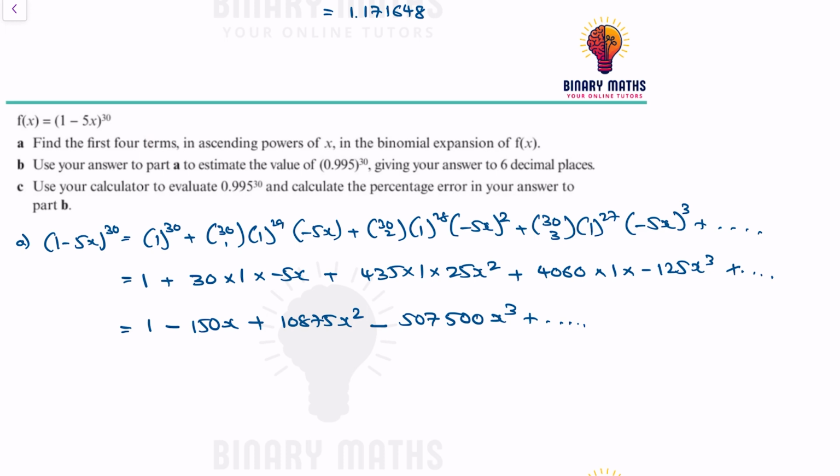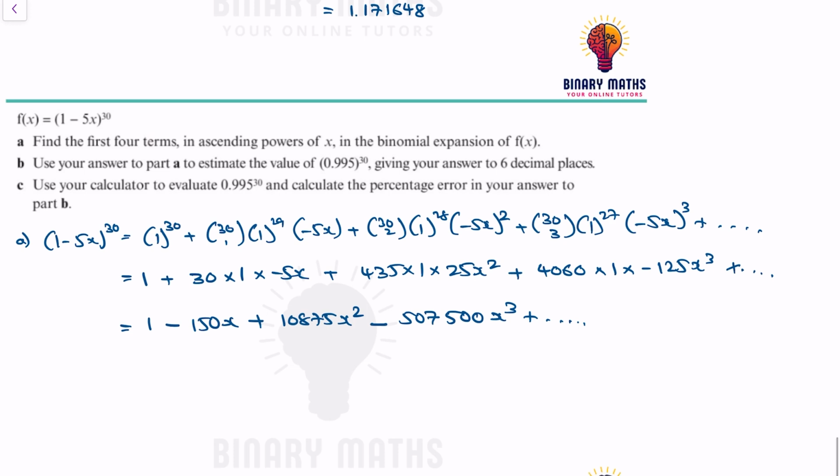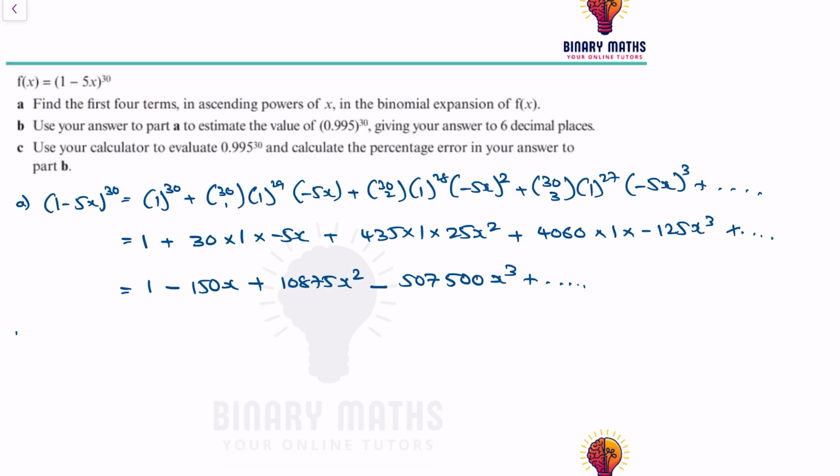Use your answer to part A to estimate the value of 0.995^30, giving your answer to 6 decimal places. So B is 0.995^30 is equal to (1 - 5x)^30, which means 0.995 is equal to 1 - 5x, which means 5x is equal to 1 minus 0.995, which is 5x is equal to 0.005.